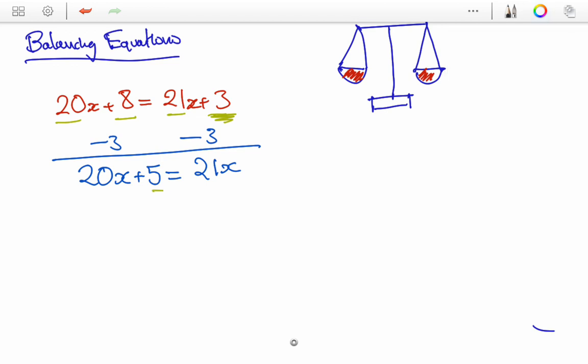Now the next lowest term happens to be 5. What's crucial about this point is if I try to eliminate 5, the left hand side isn't going to get much simpler, and nor is the right hand side.